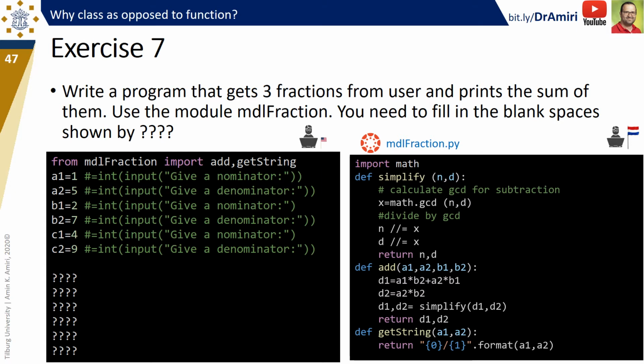You need to return the summation of the two fractions. And the third function getString will get a fraction a, the numerator and denominator of the fraction, and it returns these two numbers in a string format separated by a forward slash.